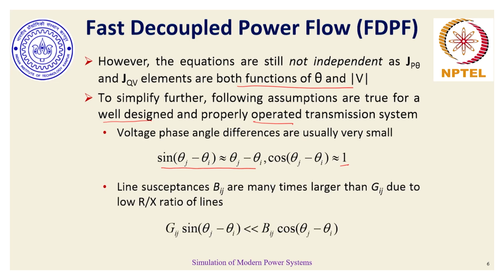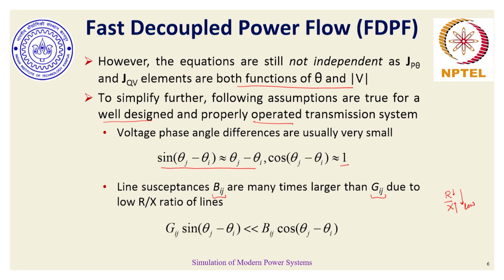Since the transmission network is highly inductive, line susceptances are much, much larger than the corresponding line conductances. Essentially, it comes from the fact that the R by X ratio of transmission systems is very low, because R is very low but the X values are very high. So overall the R by X ratio is very low for transmission networks.